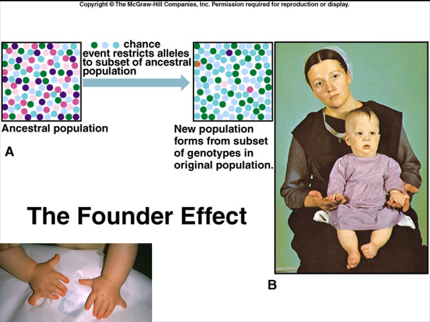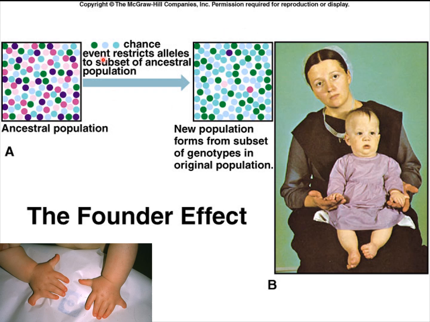So they settled over here in the US and obviously had kids, passed on their alleles, but they didn't have all the alleles of the original population. And so they look quite different from the original population, and they have less genetic variation.